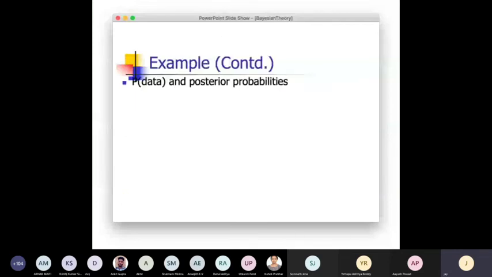Now, there is something more we can compute from these data sets. As I mentioned, in the MAP approach, did you compute the posterior probability? If I go back, is the posterior computed here?